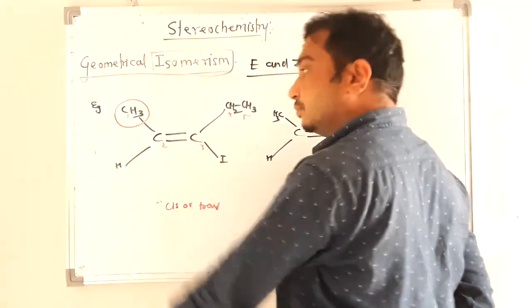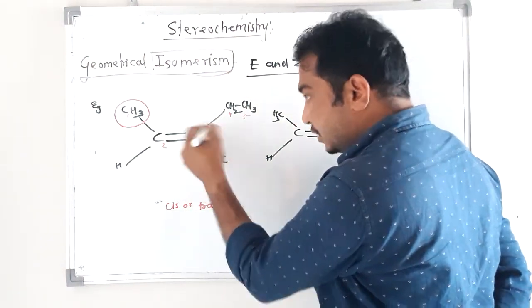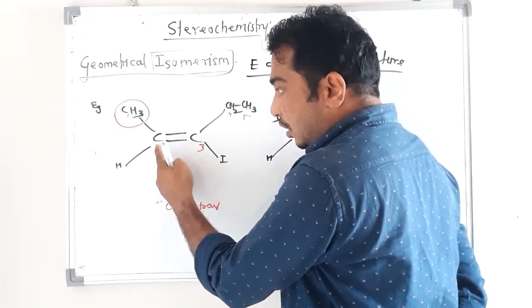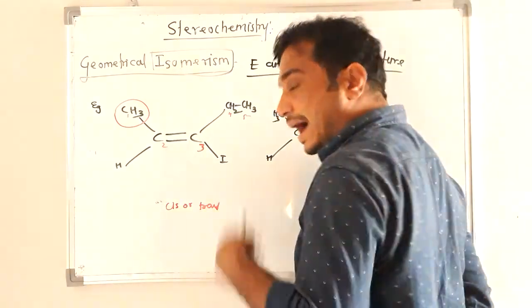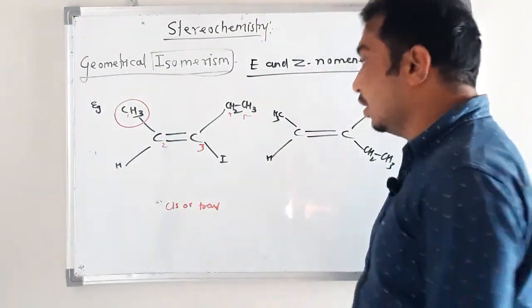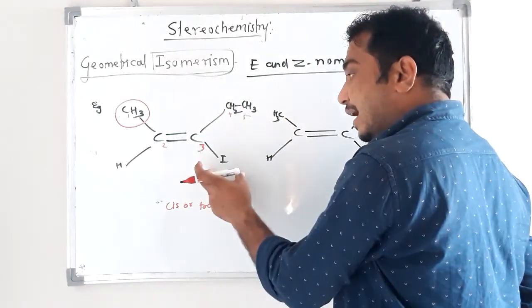Just round it. Come to carbon number 3. Here carbon number 3 means the second carbon of the double bond. This is the first carbon of the double bond. On this first carbon of the double bond, the methyl group is bigger, of higher preference. Now on C3, two groups are attached, ethyl group and iodine.